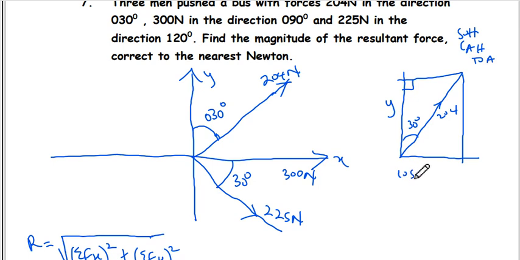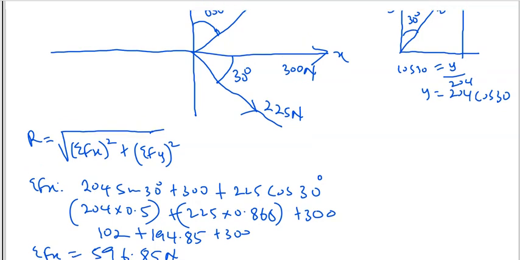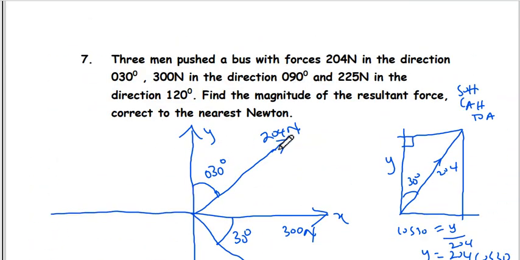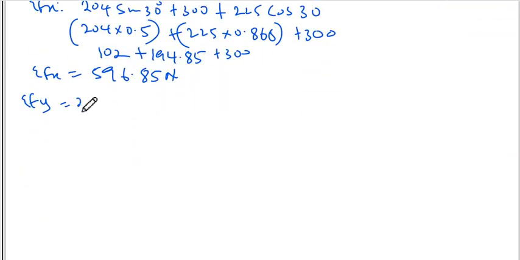So cos 30 is equal to adjacent, that's y, over 204. So y is equal to 204 cos 30. So that's how we got it, so don't let it confuse you, okay? So summation Fy, resolving 204 to the vertical, becomes 204 cos 30.